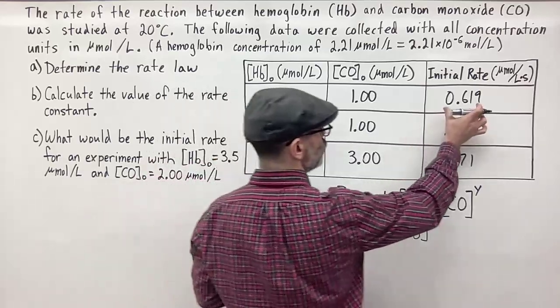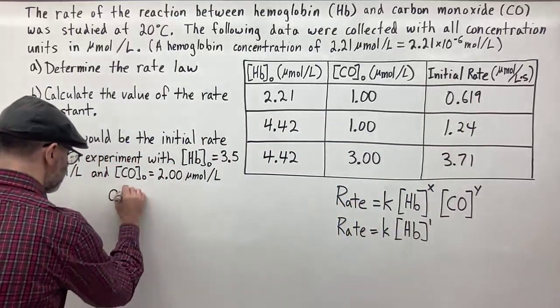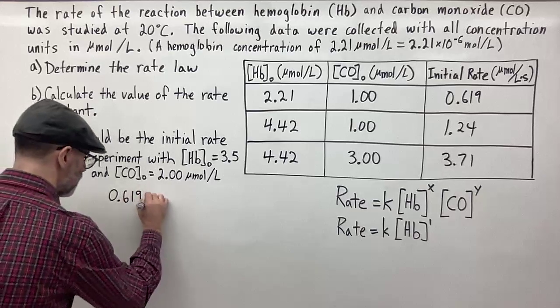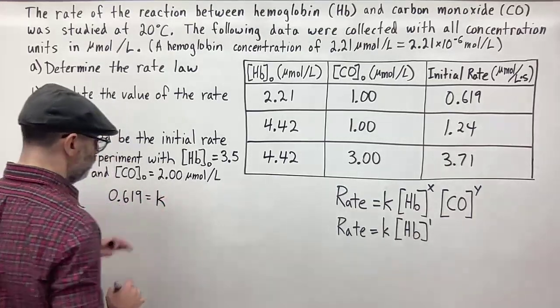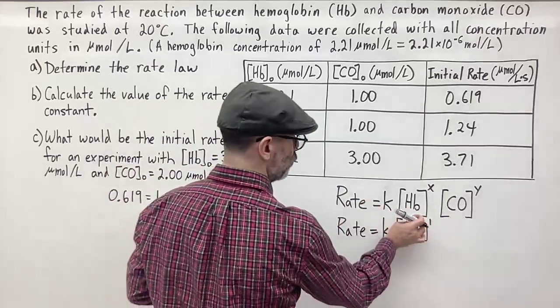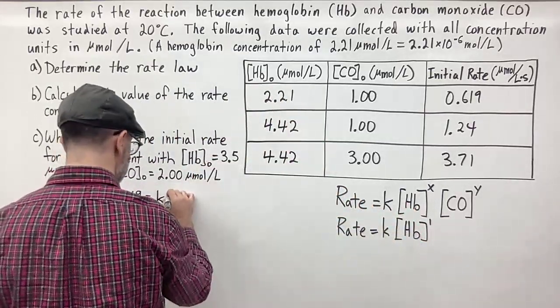What's the rate? 0.619. So I'm going to take 0.619 is equal to K, don't know what K is, multiplied by the concentration of HB. What's that? 2.21. So I'm going to put that in.